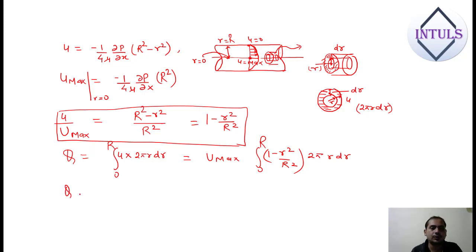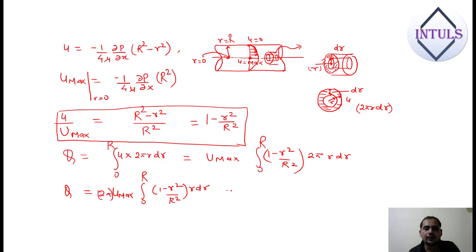So Q is equal to u max, integral from 0 to capital R, 1 minus small r square divided by capital R square, r dr. You can take 2 pi also here.